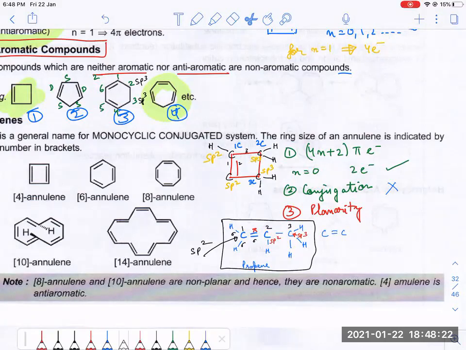Come on, Charan, Nikhil, Utkarsh, anything about the fourth one?